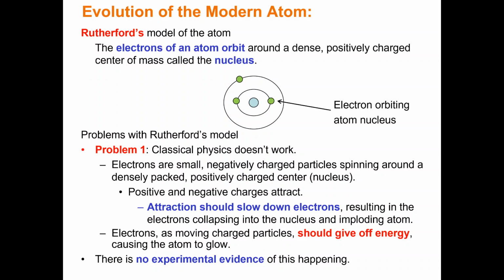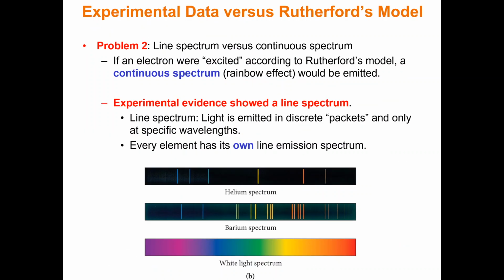Okay, so electrons are moving charged particles, and theoretically they should give off energy and cause atoms to glow. There's no experimental evidence of atoms having a glow to them. Another problem is line spectrum versus continuous spectrum. If the electron were excited according to the Rutherford model, a continuous spectrum would be emitted.